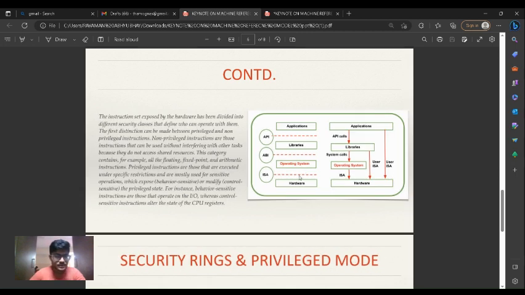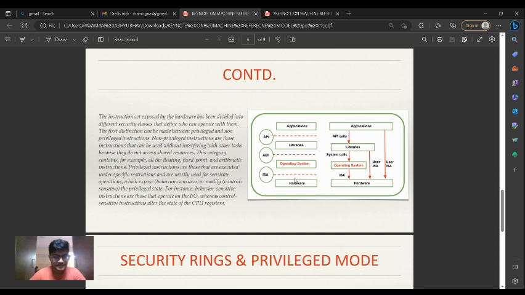Continuing, the instruction set exposed by the hardware is divided into different security classes that define who can operate them. The first distinction can be made between privileged and non-privileged instructions. Non-privileged instructions are those that can be used without interfering with other tasks because they do not access shared resources.